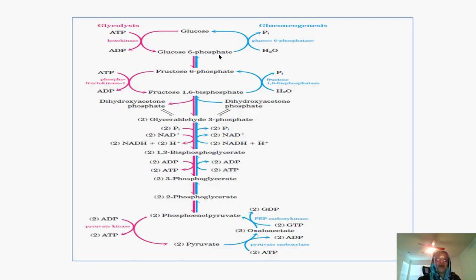If the liver cells require energy, then glucose 6-phosphate will continue through glycolysis until it gets to pyruvate and gives the liver its energy, and this is called glycolysis. Gluconeogenesis is when we are going on the right-hand side. So this is number one, okay?